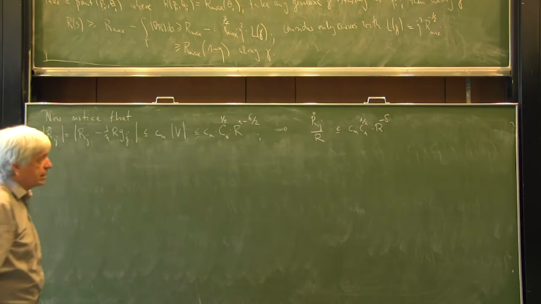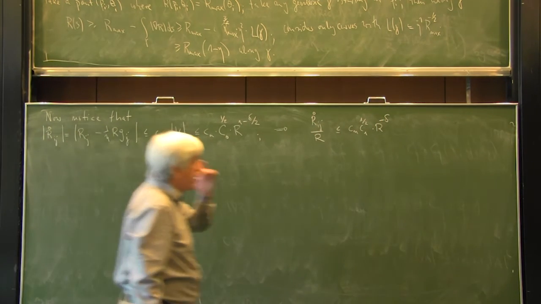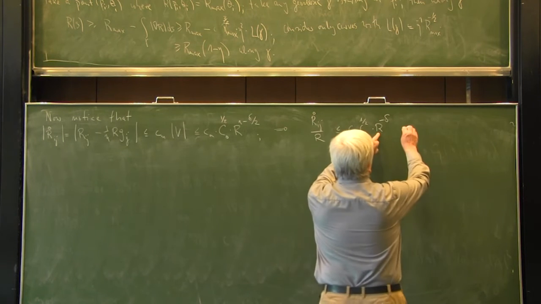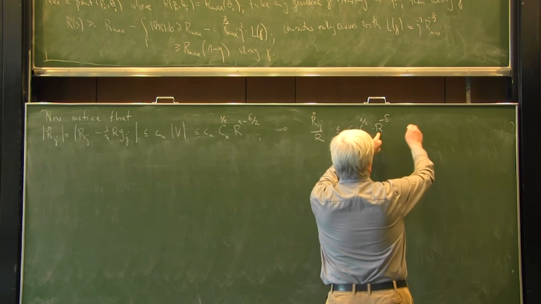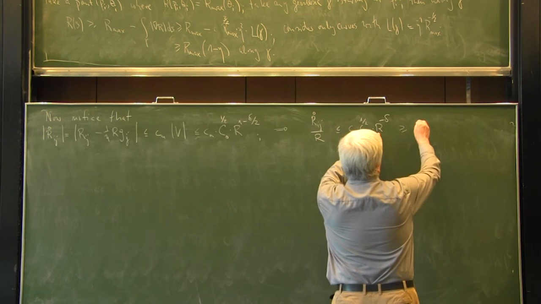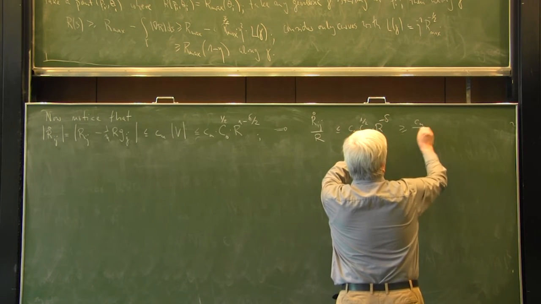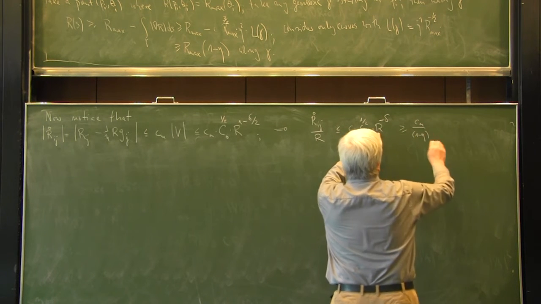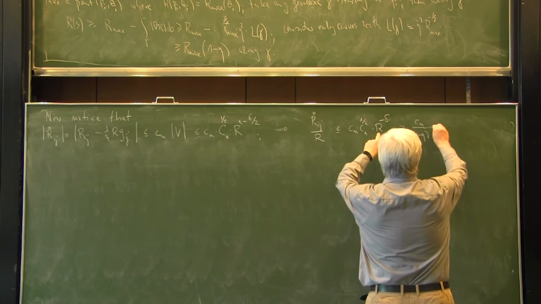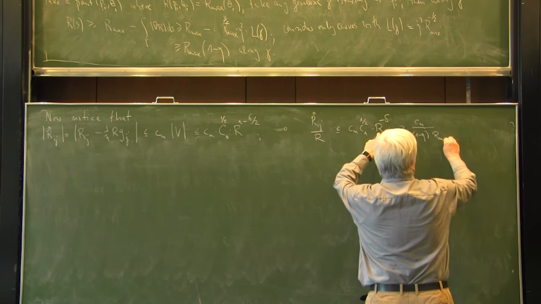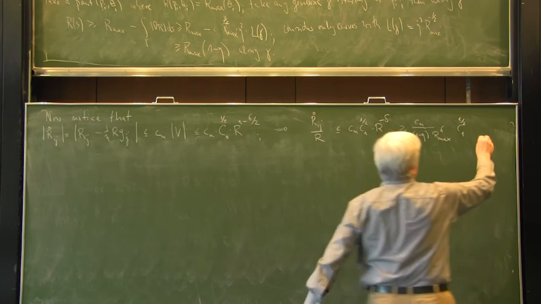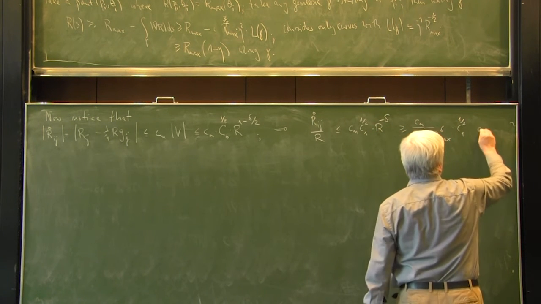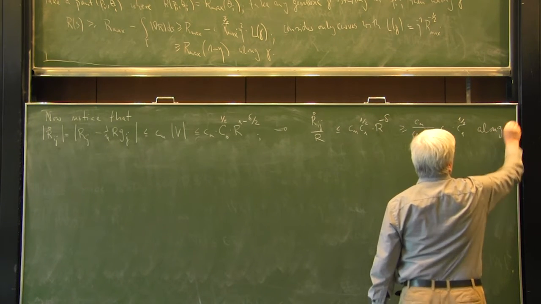But along our curve, we know r is bigger than almost a max. So this is bounded by Cn divided by 1 minus eta times r max to the delta times C1 to the 1/2, which goes along gamma.